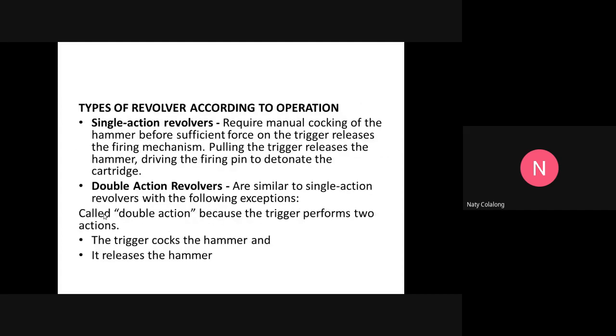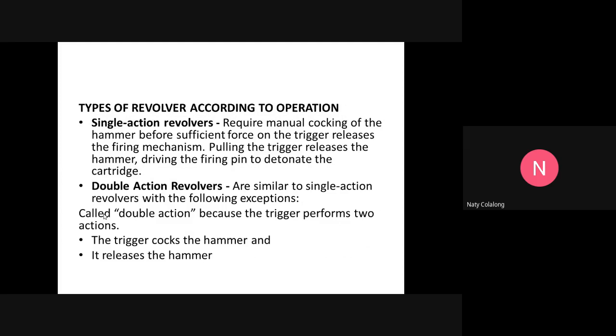We have here the types of revolver according to operation. We have the single action revolvers. It requires manual cocking of the hammer before sufficient force on the trigger releases the firing mechanism. Pulling the trigger releases the hammer, driving the firing pin to detonate the cartridge.